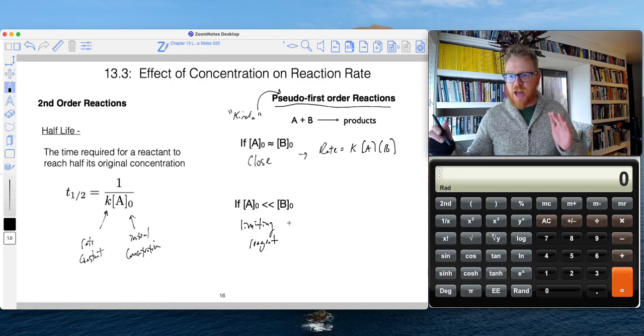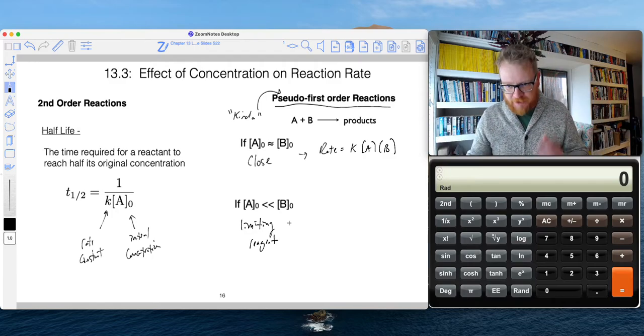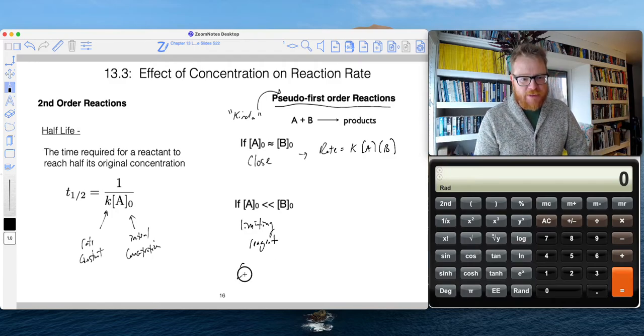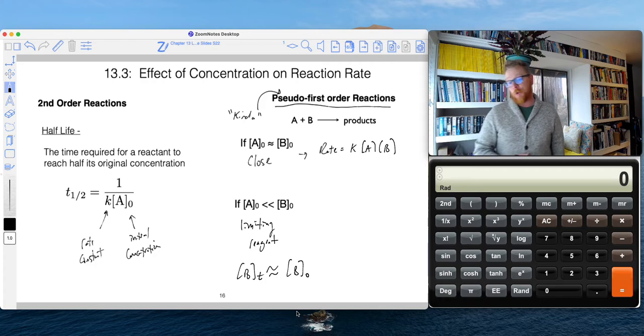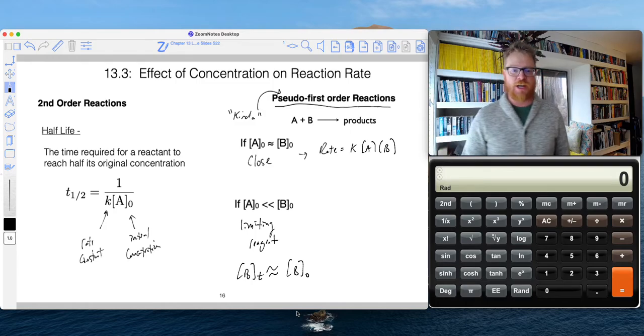If one thing is in huge excess, then it's not going to matter that much for the concentration. So in other words, what we can say now is any concentration B at time t is just always going to approximately equal B0. So the concentration of B is a constant. It's not really going to change if it's in large excess.